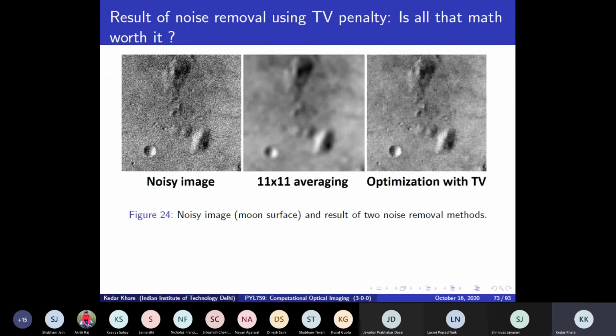If you just try to average over blocks to get rid of noise, it appears that noise has gone away, but it has also taken some structures away. Whereas if you apply your TV-based optimization, now you have an image that looks much better, in the sense that the noise has gone, but the structures have not really blurred out. The structures are still there.